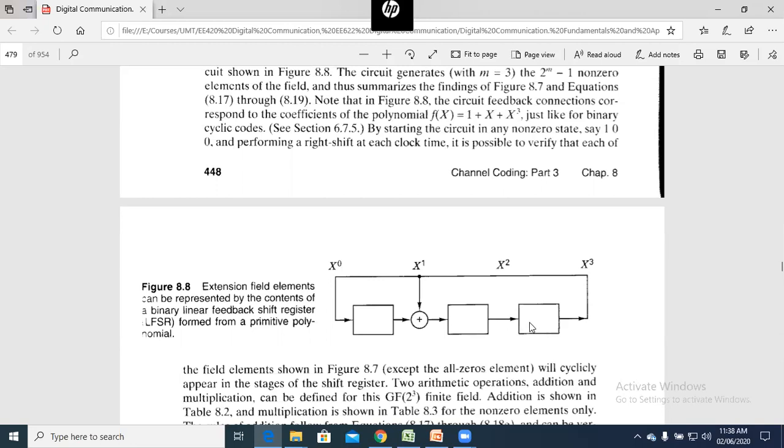So what is the primitive polynomial and how do we take the value of f of x, or draw this linear feedback register with f of x?